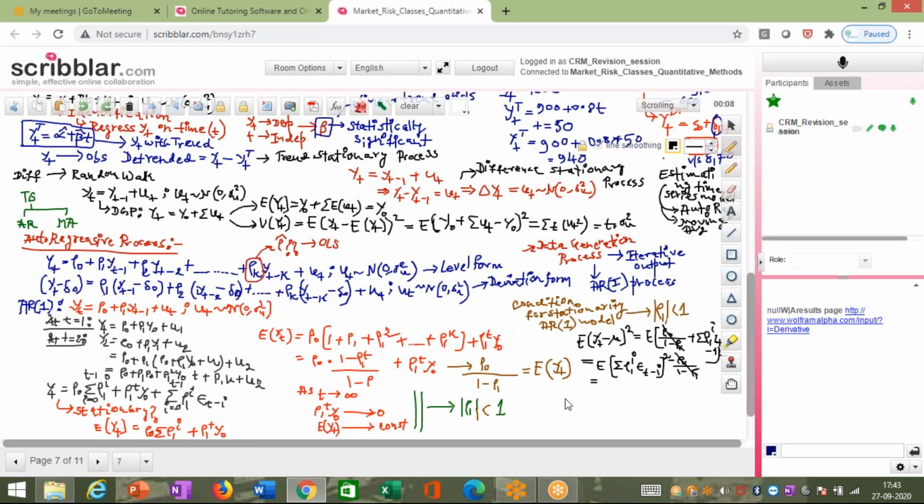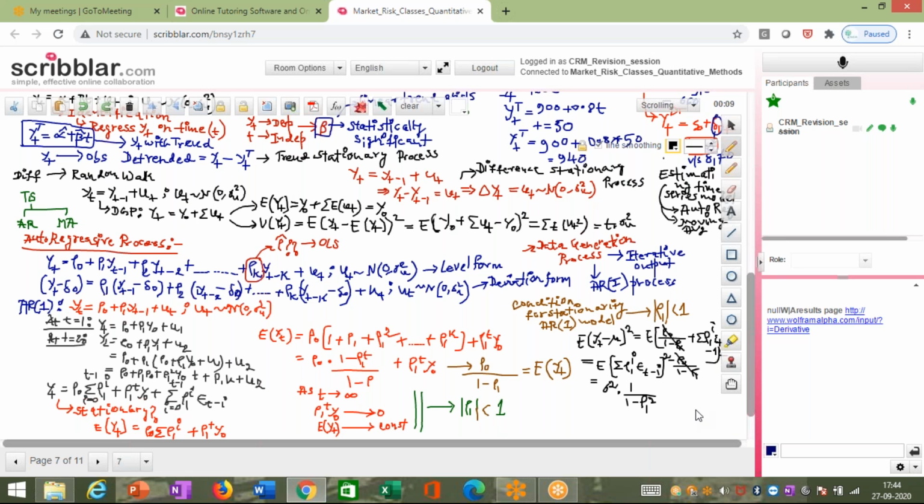Okay. If I solve this, what you get is sigma square, which is a constant, times 1 divided by 1 minus rho 1 square. Now, if the time series mean is stationary, then rho 1 is a fraction, so it's constant.